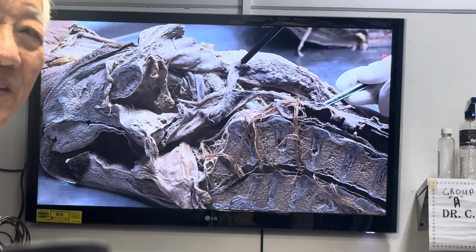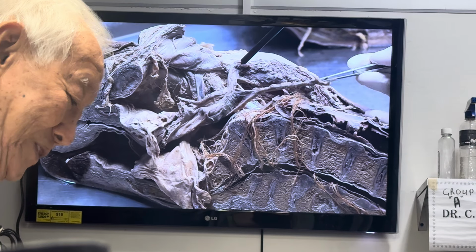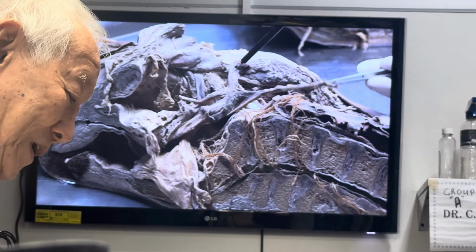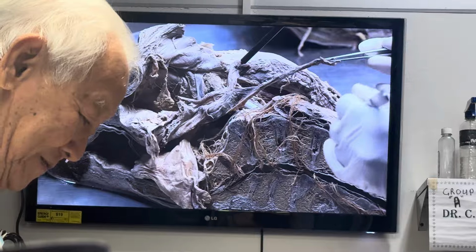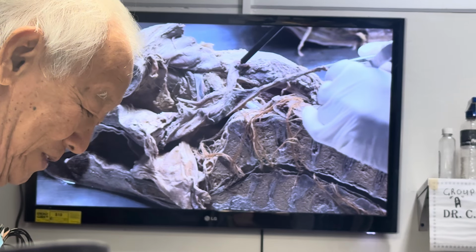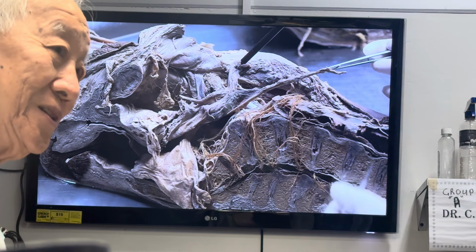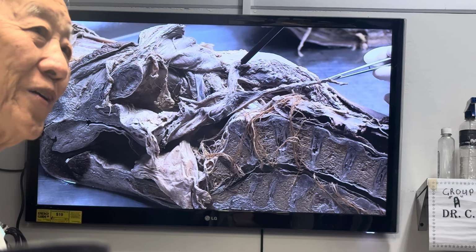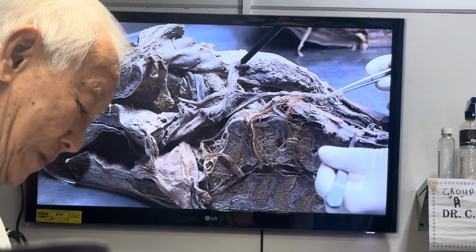And what it is, is a fold of peritoneum in which a vessel runs, which we have shown you in other lab specimens. What is running in this ligament? The ovarian artery, which is coming from the abdominal aorta.